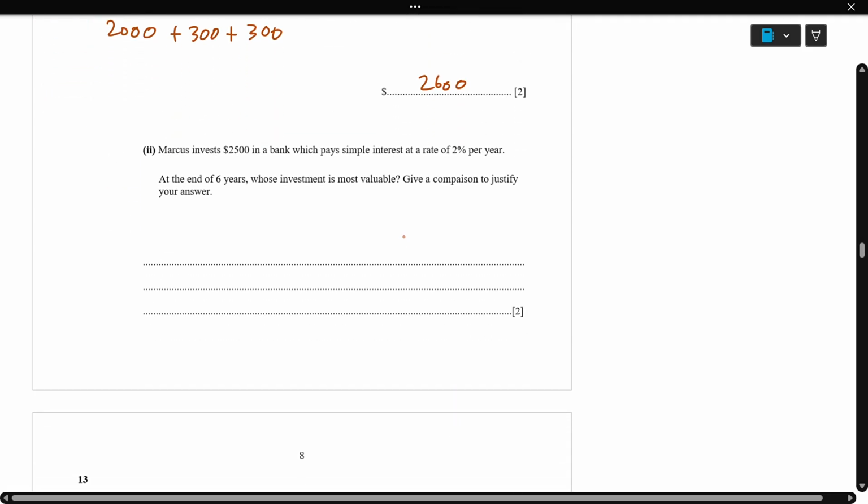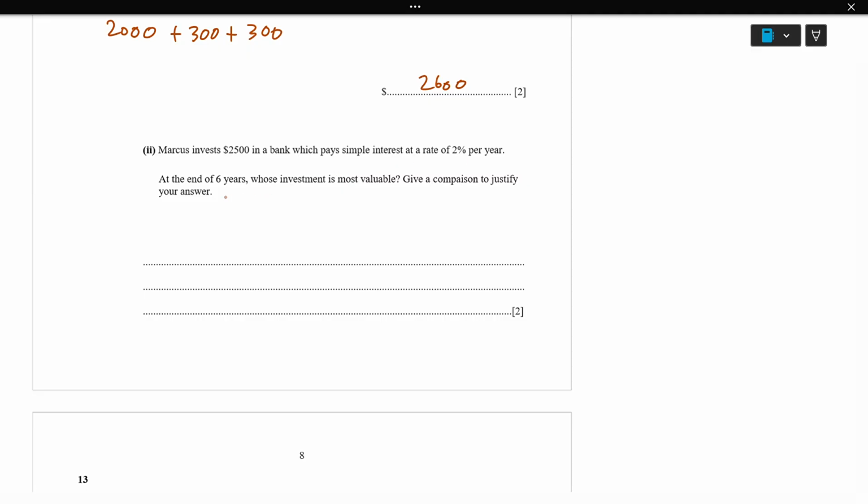Next, Marcus invests 2500 in a bank which pays a simple interest rate of 2% at the end of 6 years. Whose investment is more valuable? So we'll calculate 2500 times 2% is the interest, also 6 years over 100.